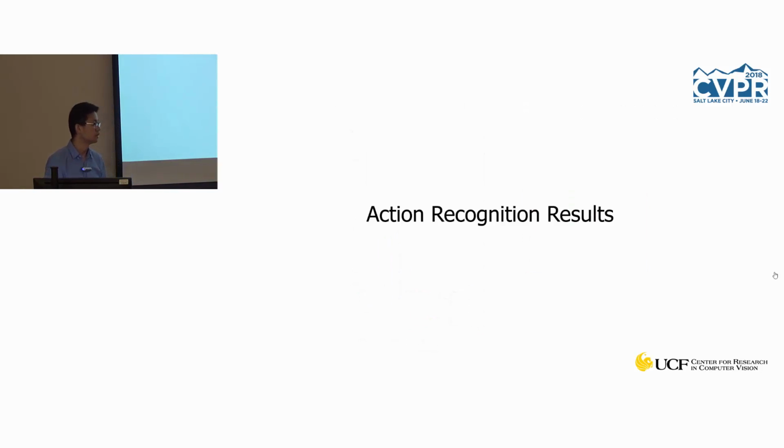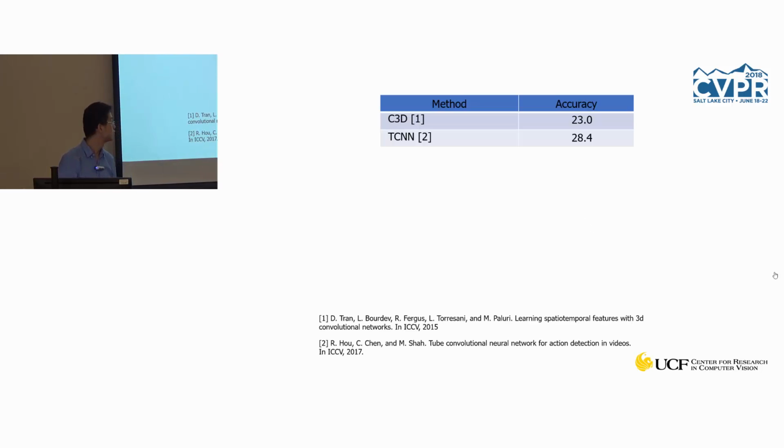And because we have those 13 different anomaly events, we also conduct action recognition experiments. We can train some action recognition classifiers and test them to see how challenging the dataset is. We have two different algorithms: one is the C3D method and the other is the TubeCNN method from our group.